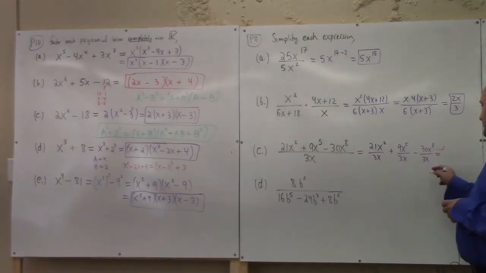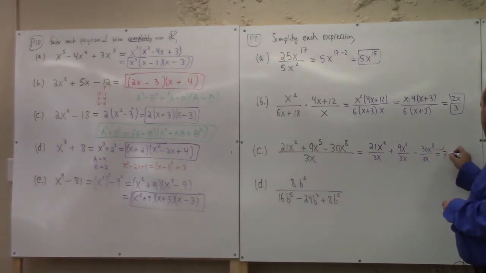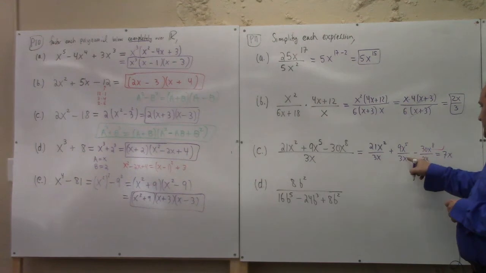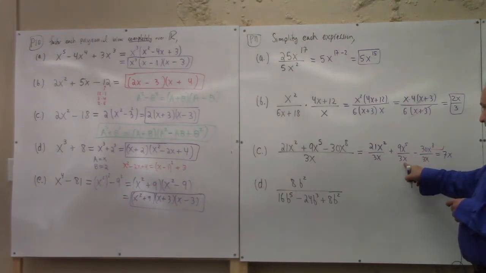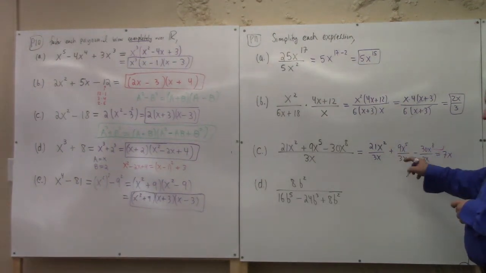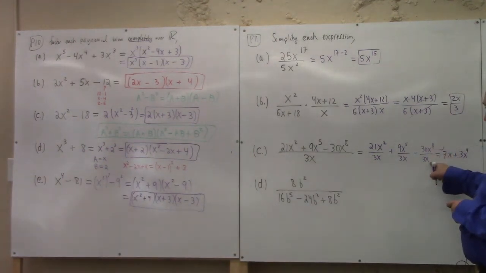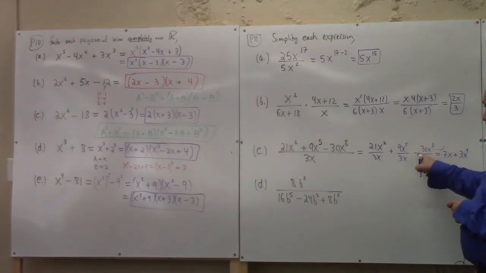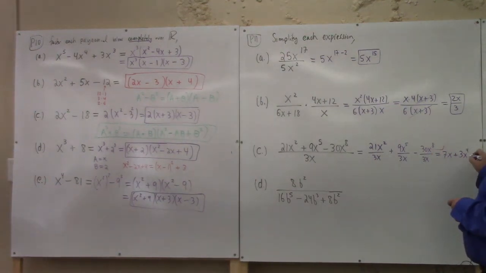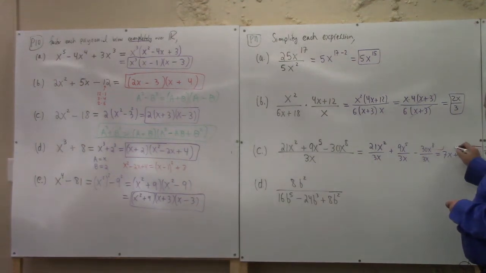X squared over x is just x, so I have 7x for my first term. X to the 5th over x is x to the 4th. 9 over 3 is 3. So I have plus 3x to the 4th. X to the 8th over x is x to the 7th. Minus 30 over 3 is minus 10. So minus 10x to the 7th. There you go.